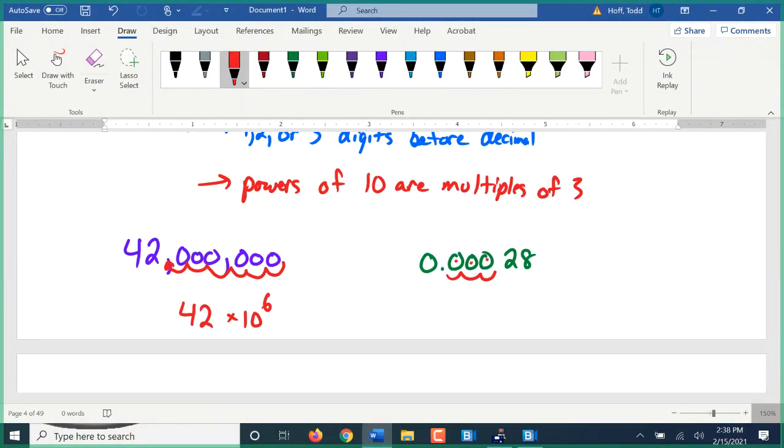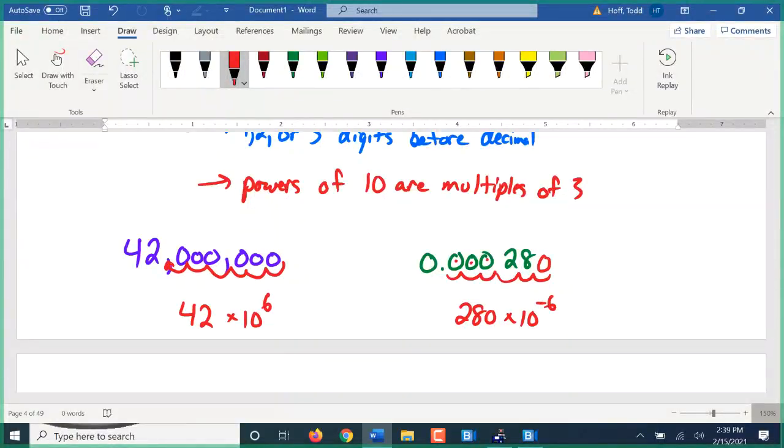I need 1, 2, or 3 digits in front of my decimal point, and at least one of them has to be non-zero. So I have to go 3 more. So I go 4, 5, and then for the 6th one I have to add a 0. 280 times 10 to the negative 6.